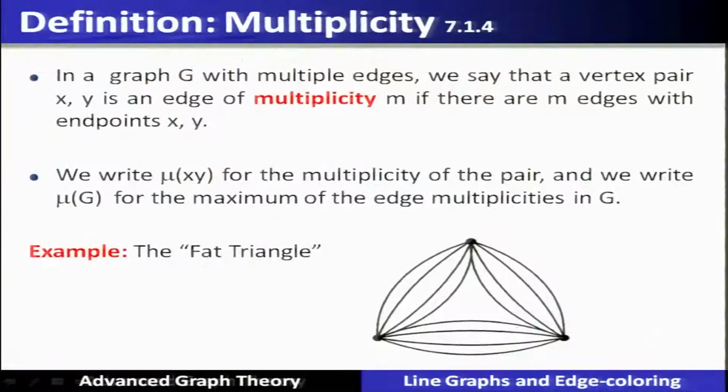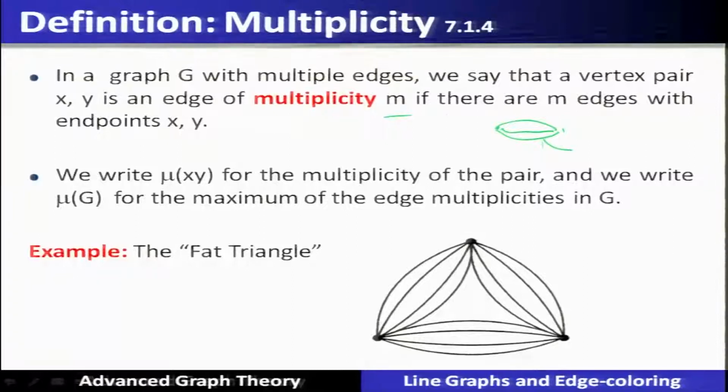So multiplicity: multiple edges means that between two vertices multiple edges can be there, and how many edges there are is called the multiplicity. In a graph G with multiple edges, we say a vertex pair xy is an edge of multiplicity m if there are m different edges with the endpoints x and y.